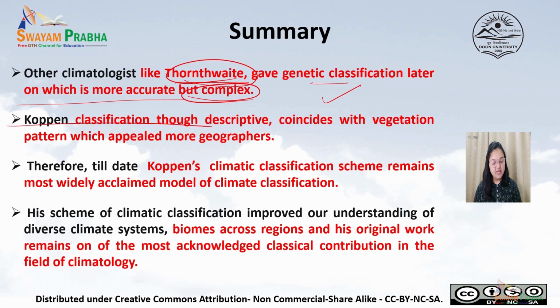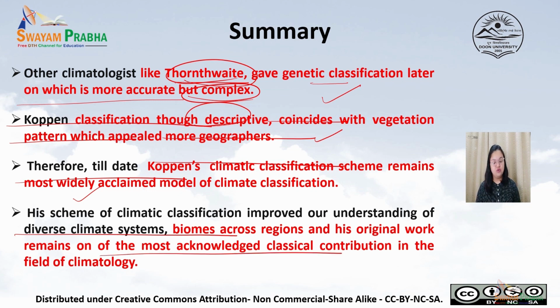So Koppen's classification, though descriptive in nature, coincides with the vegetative patterns, which appeals more to geographers, and it is easy to understand. Therefore, to date, Koppen's classification scheme remains the most widely acclaimed model of climate classification schemes around the world, and his scheme improves our understanding of diverse climate systems and biomes across regions, and his original work remains one of the most acknowledged classical contributions in the field of climatology.